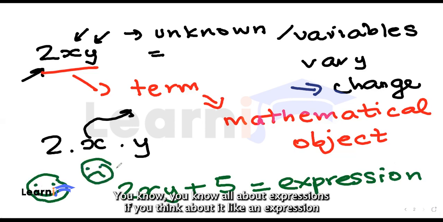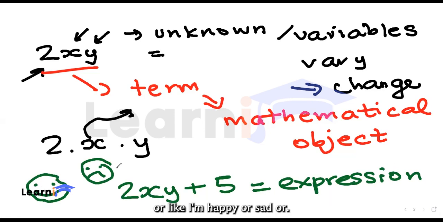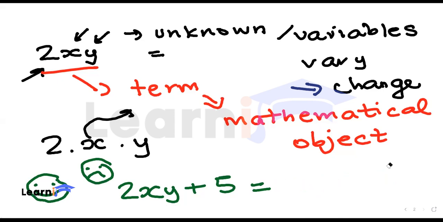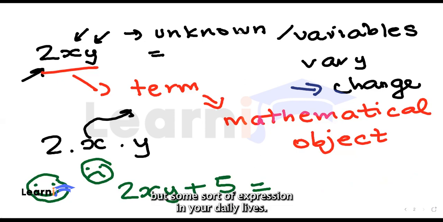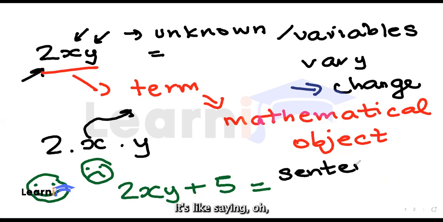If you think about it like an expression, like I'm happy or I'm sad, as a measure of you expressing your feelings, then we can see that this expression holds some content. It's almost like a sentence, like saying, the boy kicked the ball.